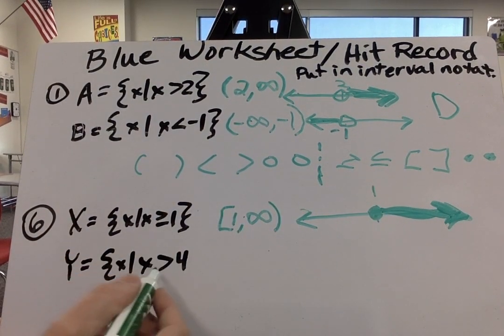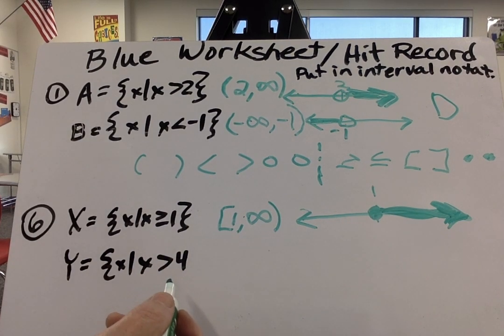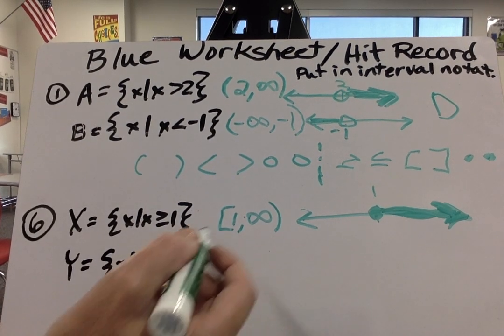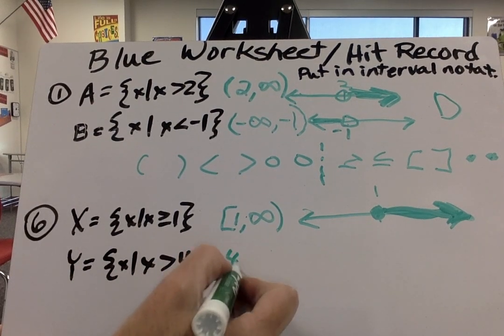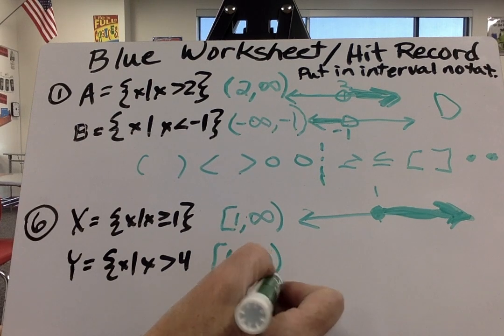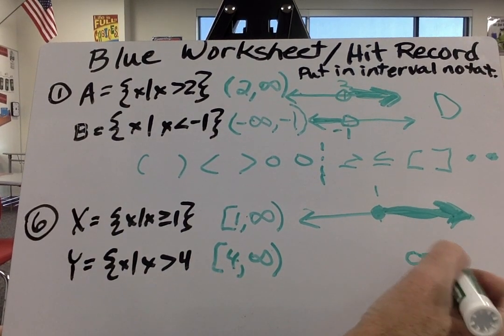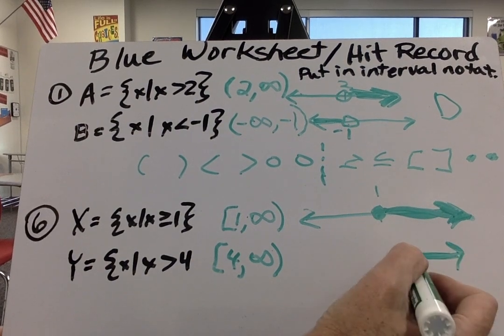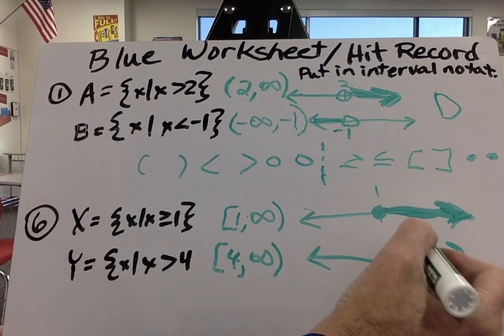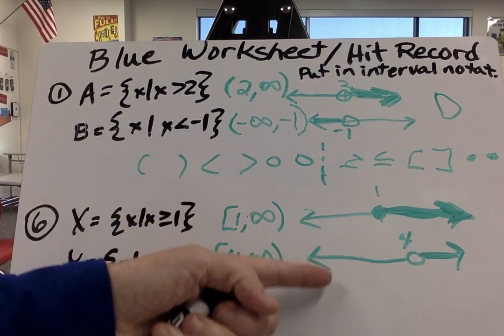The next one, x such that x is greater than 4. And let's see, it's the union of the two sets. So I say 4 to infinity. Okay, so 4 is not included. So if it's or, it's going to include either one of these.